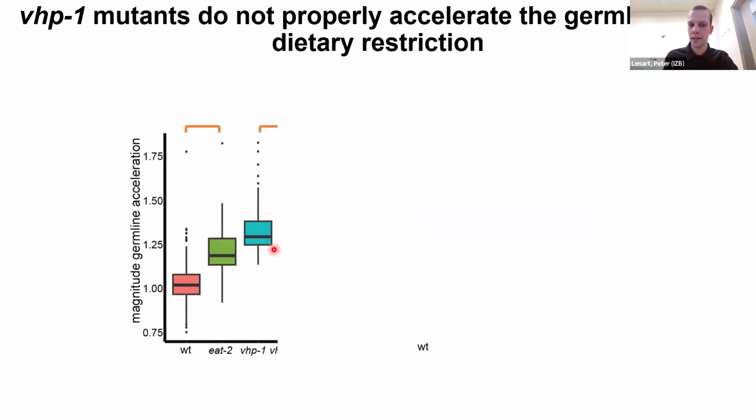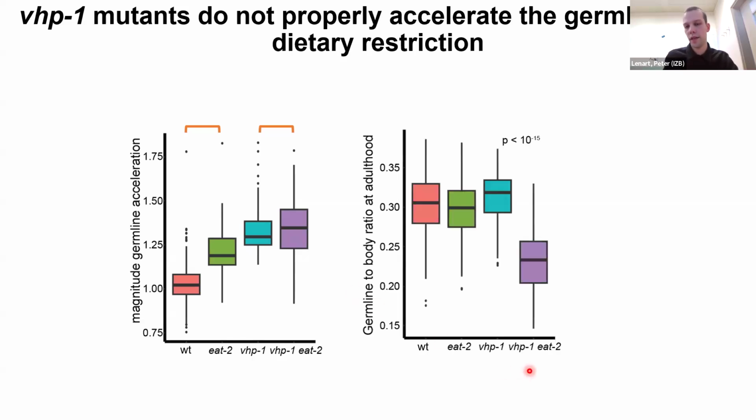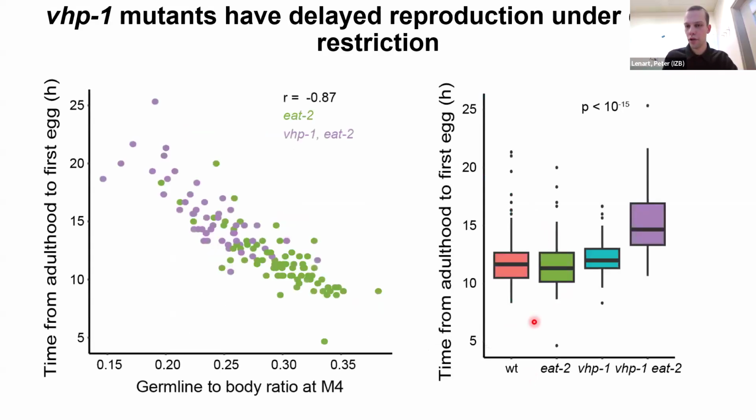But if we add any other stress on top of this VHP1 mutant, for example, dietary restriction, it no longer adjusts its growth rate appropriately, and we end up with smaller worms that have smaller germline to body proportions. Accordingly, these smaller worms also have significantly delayed onset of reproduction.